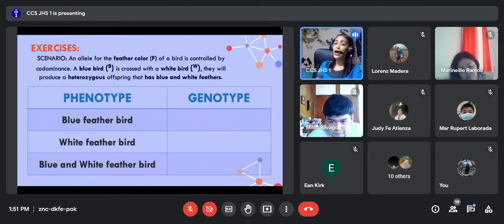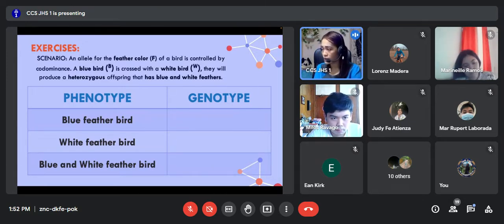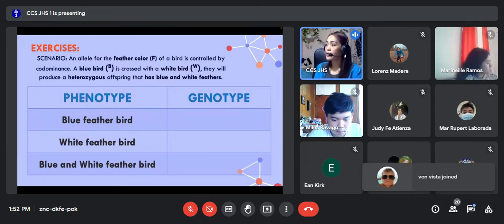So let us say we have this one. This time we're talking about feather color. And your options are either blue or white. Meaning a bird with all feathers blue, or a bird with all feathers white, or a bird where some feathers are blue while some feathers are white.